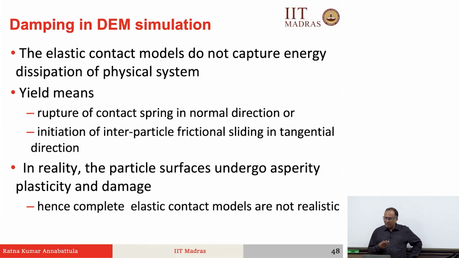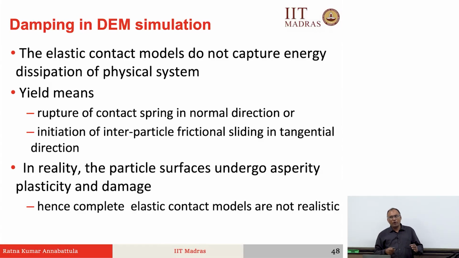Of course, we know that in reality the particle surfaces undergo asperity plasticity and damage. Particle surfaces in reality have some local roughness, right, and at that roughness level the contact force is going to be extremely high, and as a result they may undergo plastic deformation.